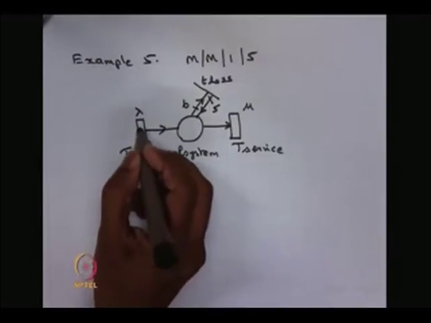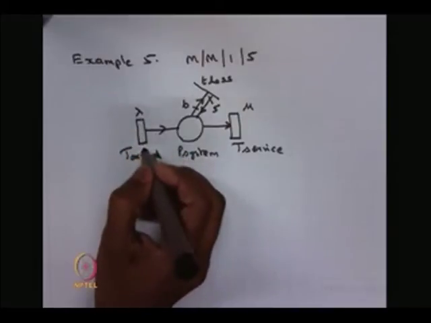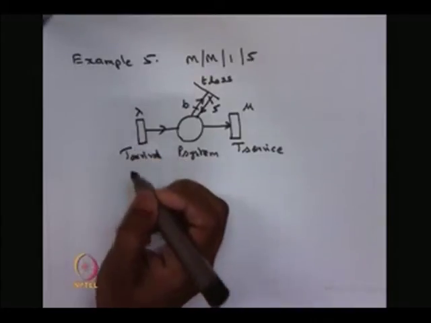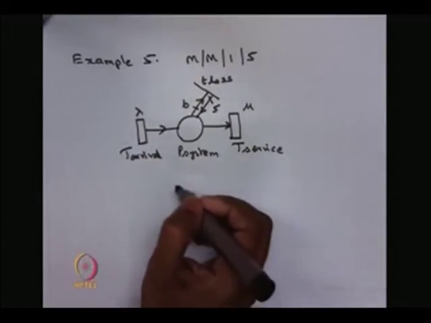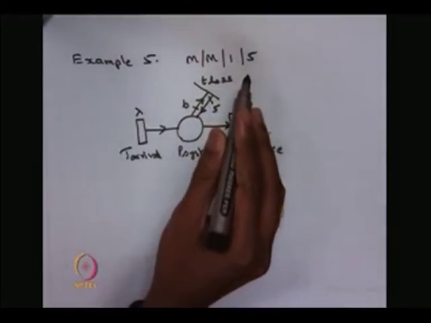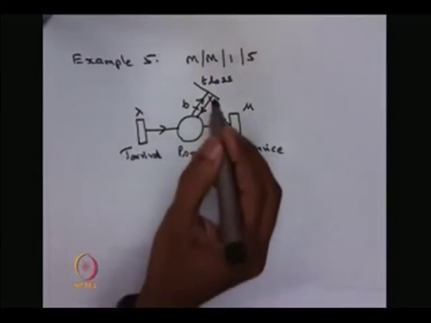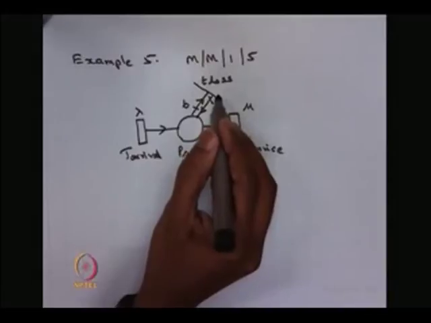Sometimes we can draw the rectangle bar shaded, that is called the timed transition with the constant time. So, here this is the GSPN of the M/M/1/5 queuing system with one place and two timed transitions and one immediate transition.